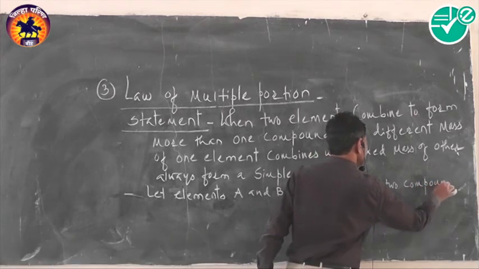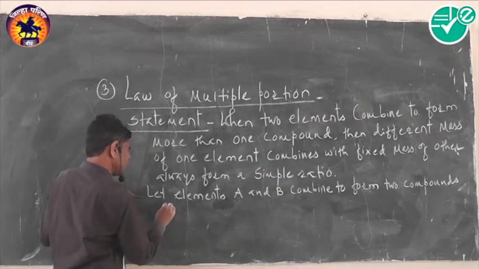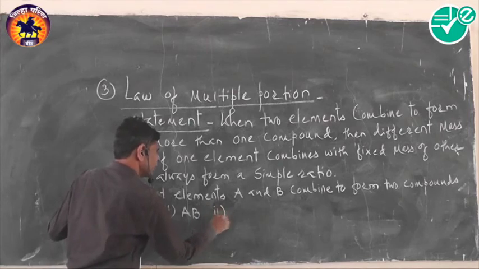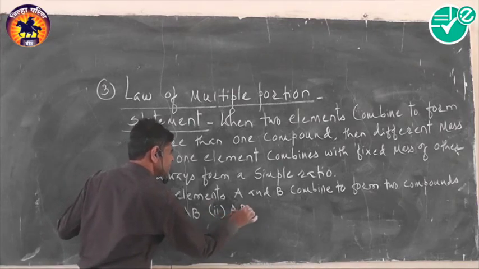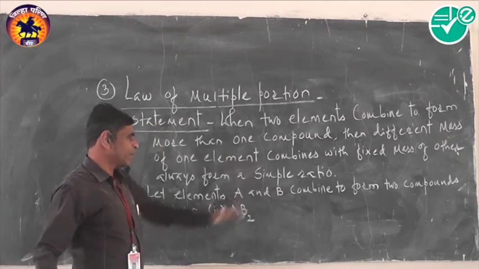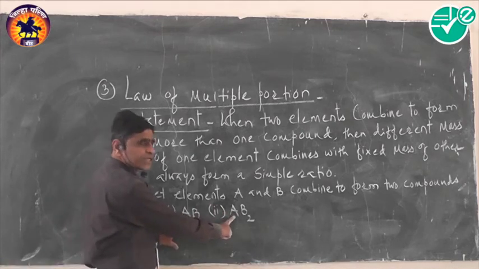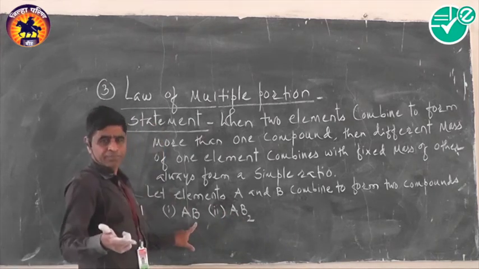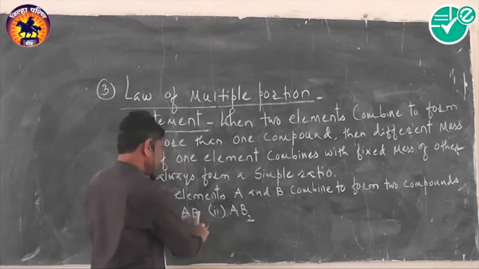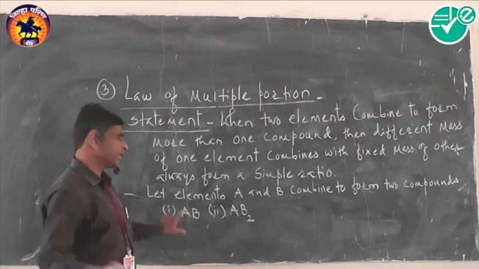The molecular formula of the first compound is, let us consider, AB, and the molecular formula of the second compound is AB2. When these two elements A and B combine to form two compounds AB and AB2, the mass of A is fixed but the mass of B is variable. Then the variable mass of B, which combines with fixed mass of A, is always a simple ratio.